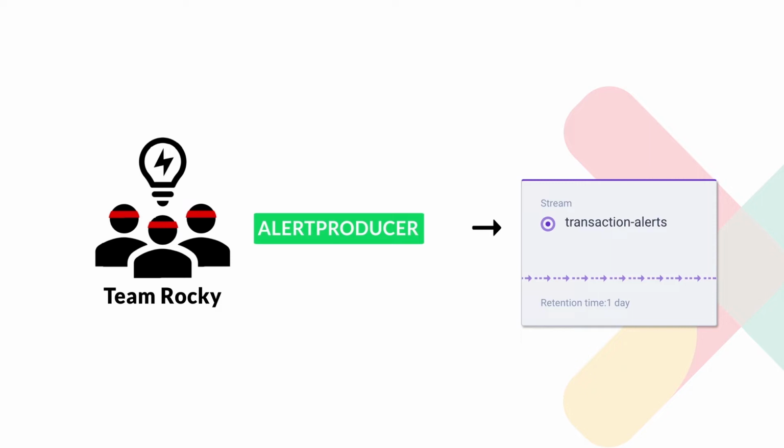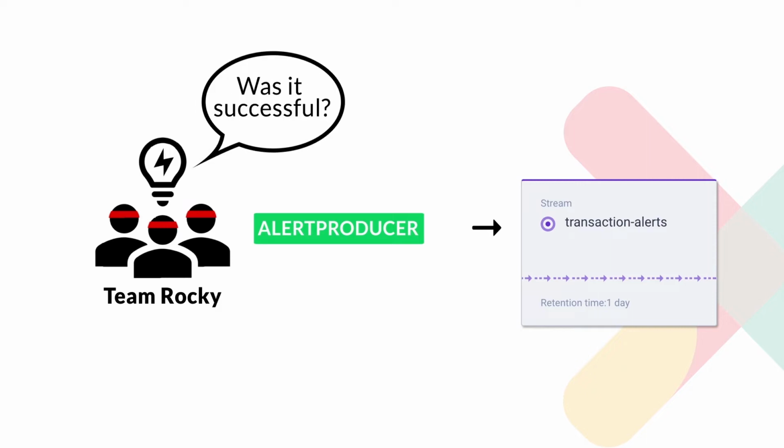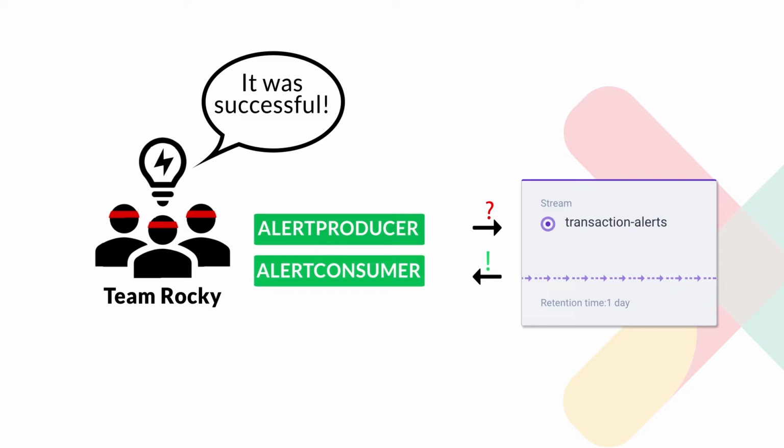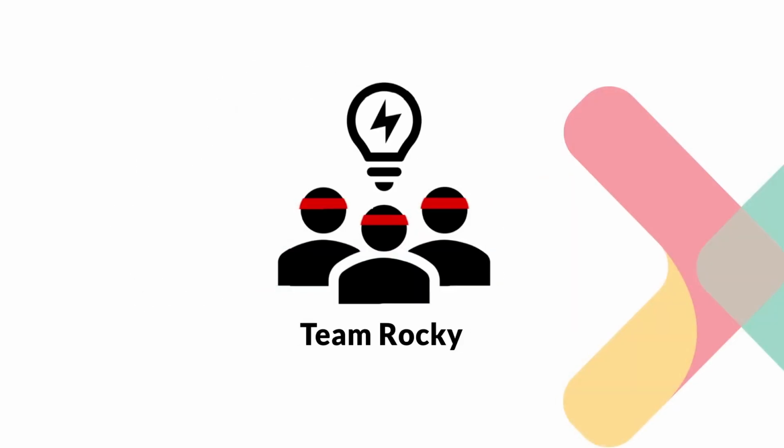However, when they produce messages to the stream, they are not 100% sure whether those messages have really ended up on the platform and whether the contents is as expected. Consuming the message from the stream would give them confidence that what is produced actually ended up on a platform. But building a consumer app just to verify this requires a bit too much effort. Wouldn't it be great if Team Rocky would be able to verify this themselves, without building anything?